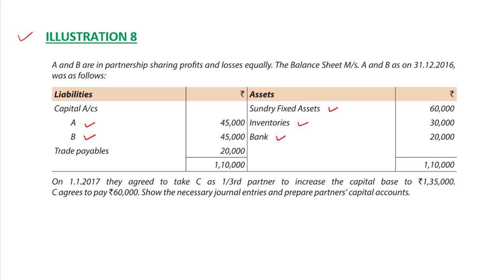Capitals: A 45,000 and B 45,000. Trade payable 20,000. On 1st January 2017, they agreed to take C as 1/3 partner to increase the capital base to 1,35,000. C agreed to pay 60,000. Show the necessary journal entries and prepare partners' capital accounts.